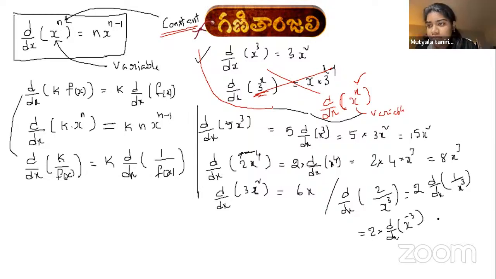We can use it: 2 times minus 3 times x to the power of minus 4.